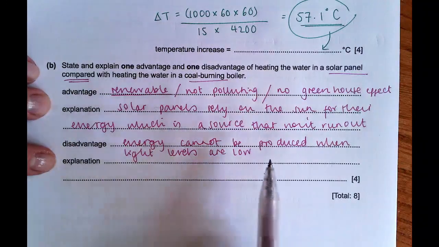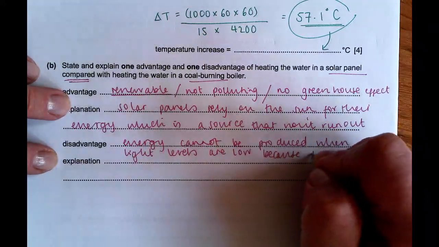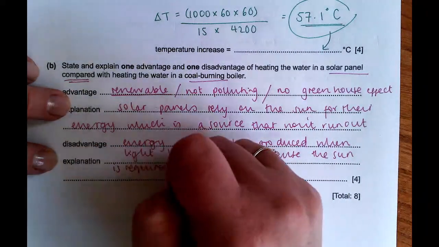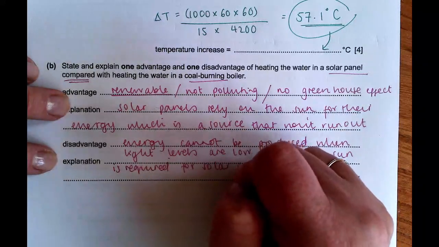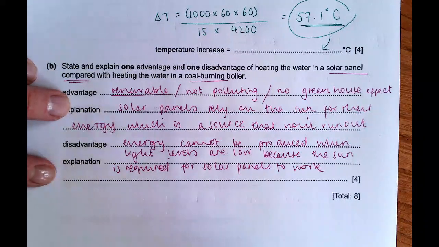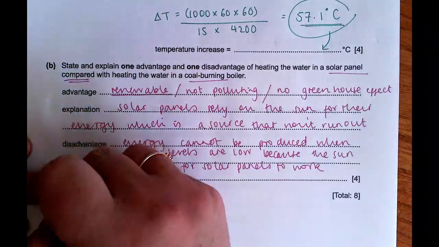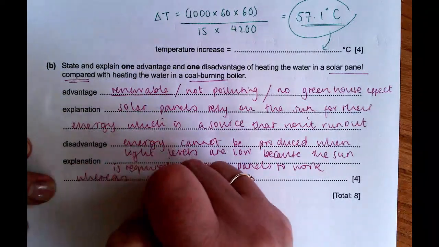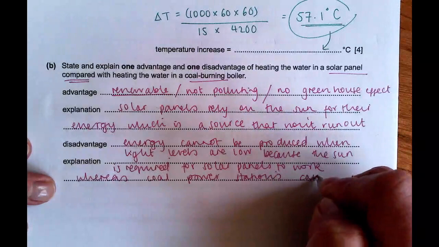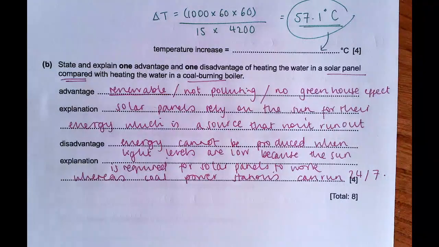The explanation is that solar panels rely on the sun, whereas energy from coal burning can be produced at all times of day. Okay, sorry, it's very messy there.